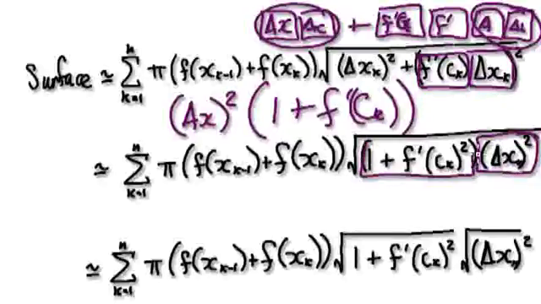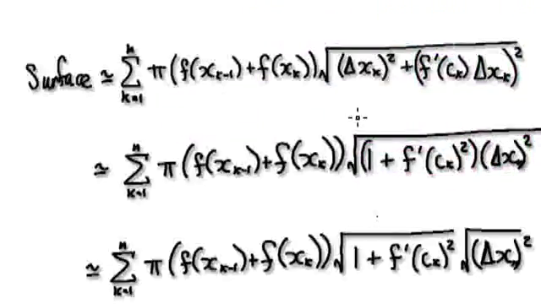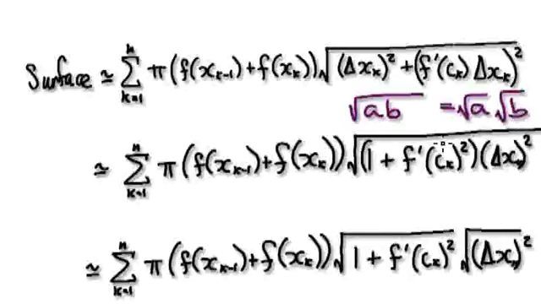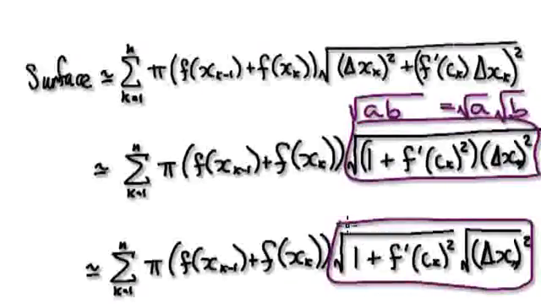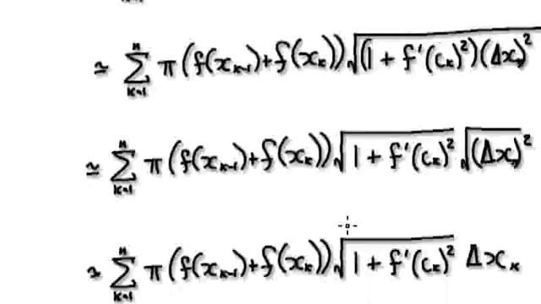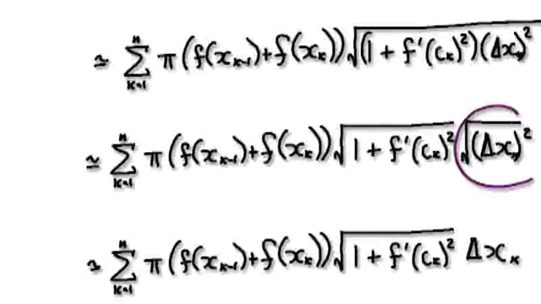So now you've got one block multiplying another block. Okay, and then here, if you have the square root of ab, that equals root a times root b. So you can break from here, you can get to here. Then this becomes this.